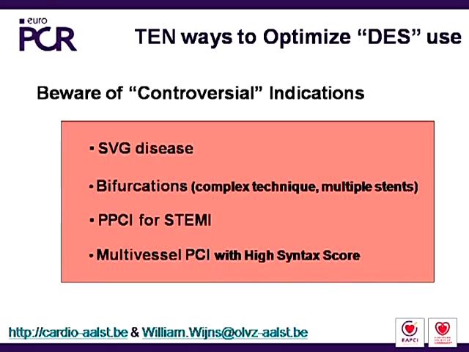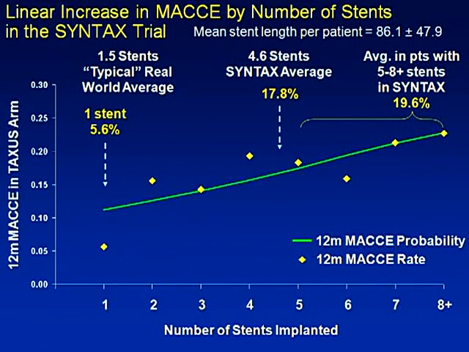And finally, as was already alluded to briefly by Milan, multivessel PCI with very complex lesions where you need to put several stents. You should refrain from doing drug-eluting stents and consider surgery. So the very high SYNTAX score, the SYNTAX score that captures the complexity of the anatomy, if it's very high, you should perhaps beware of the fact that this indication might be controversial.